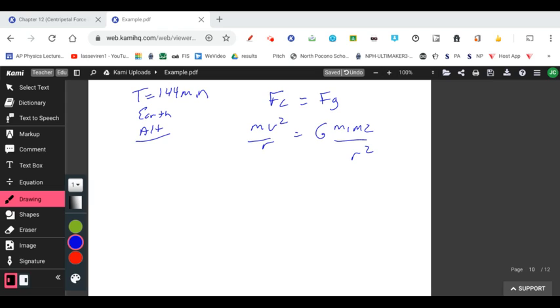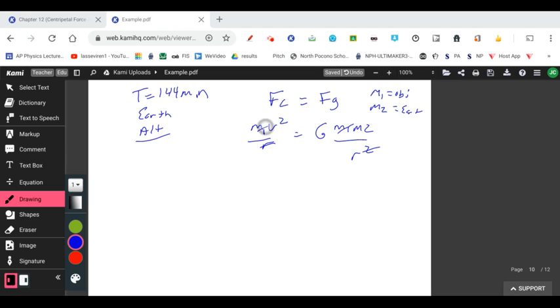Now, when we simplify this down, we can see here that r and r squared would simplify out. And the masses here, this would be the mass of the object. So we'll say m1 is the object, and m2 is, in this case, Earth.